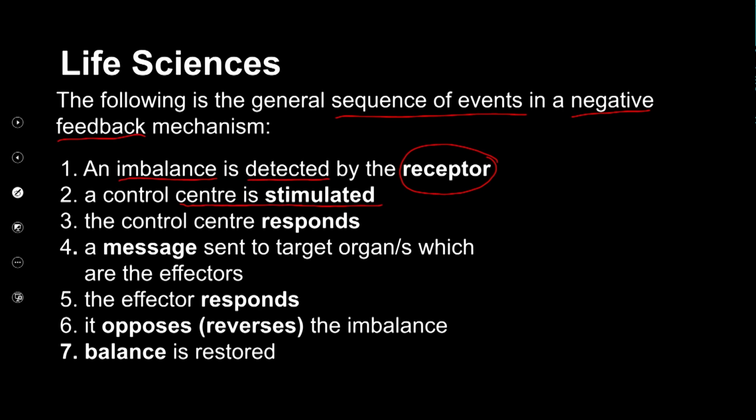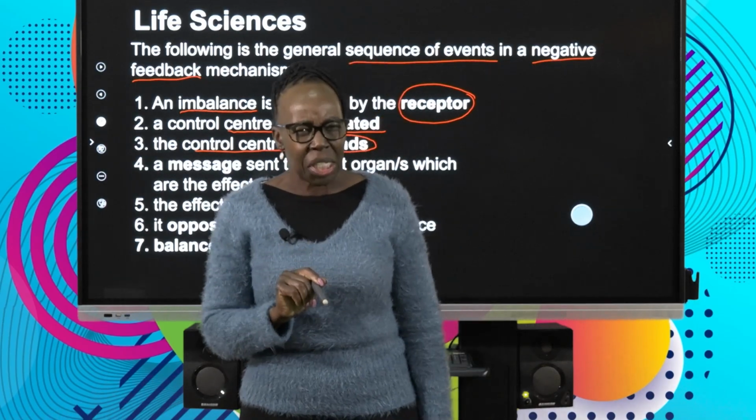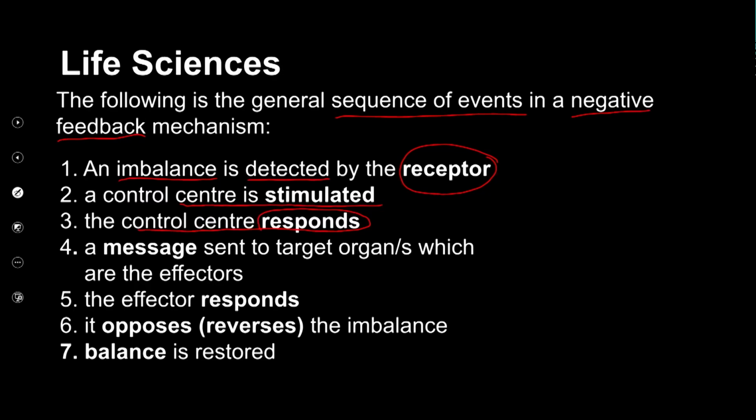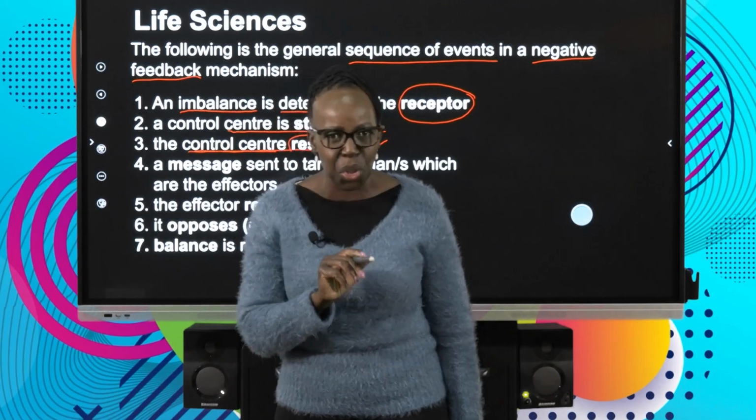What is going to happen after the control center has been stimulated? The control center that is stimulated needs to respond. Once the stimulation takes place, there must be a response. So the control center will respond. How is it going to respond?